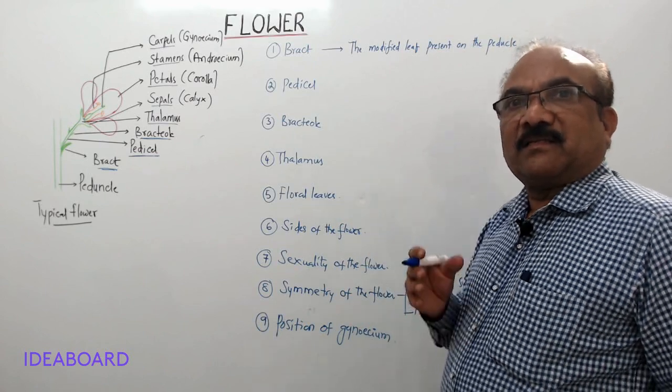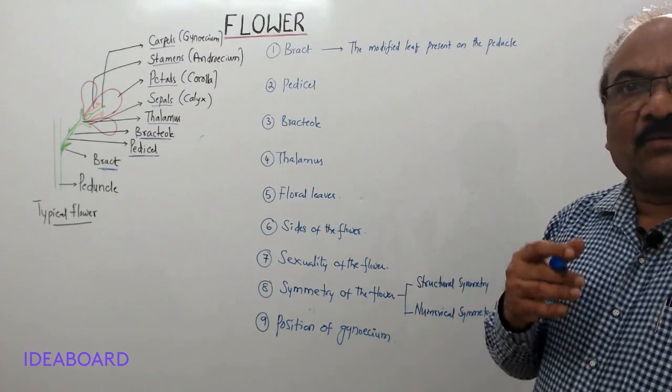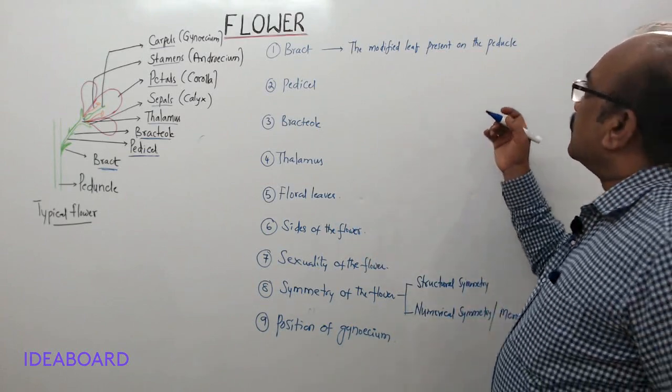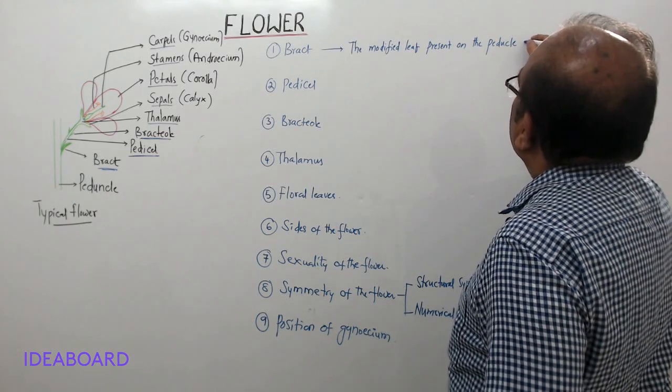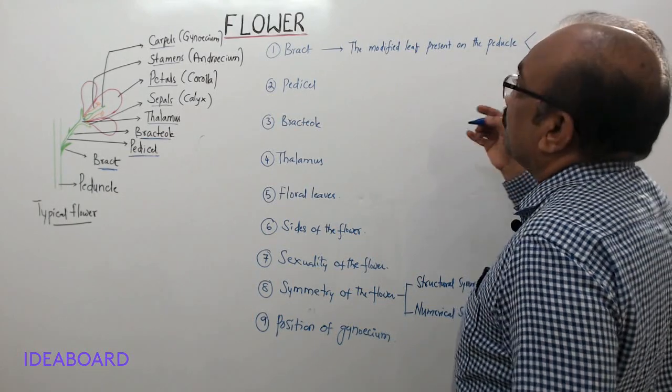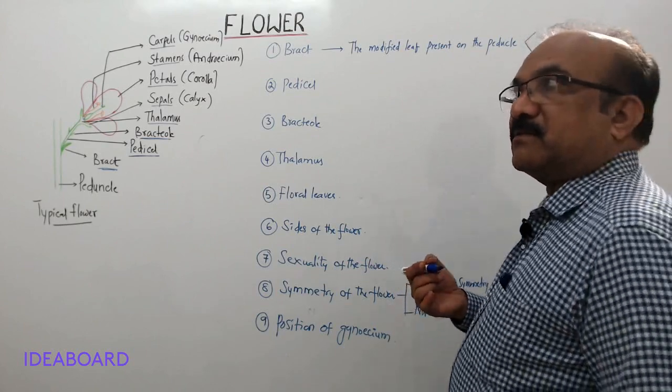Solitary flowers, as in the case of China rose and Datura. So that's why we come across two conditions here. The flower may have bract, or bract may be absent.